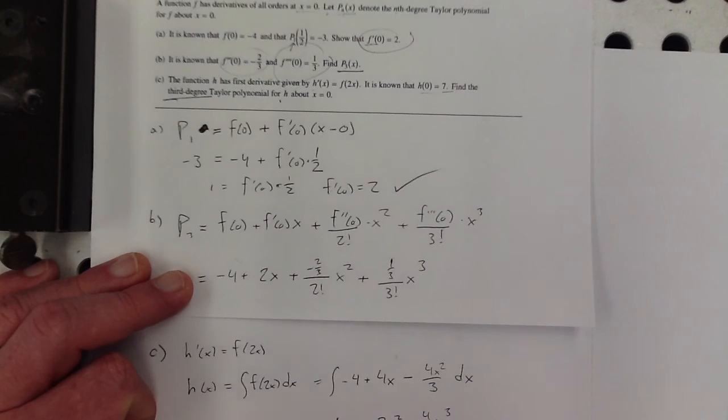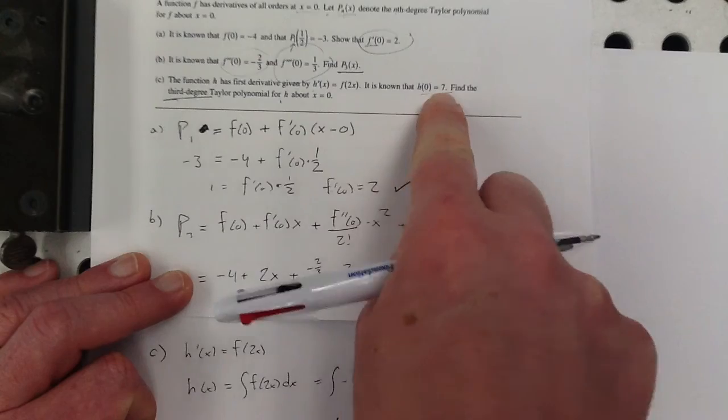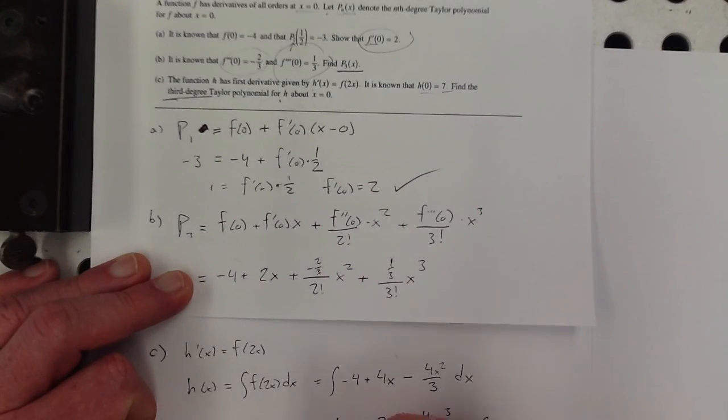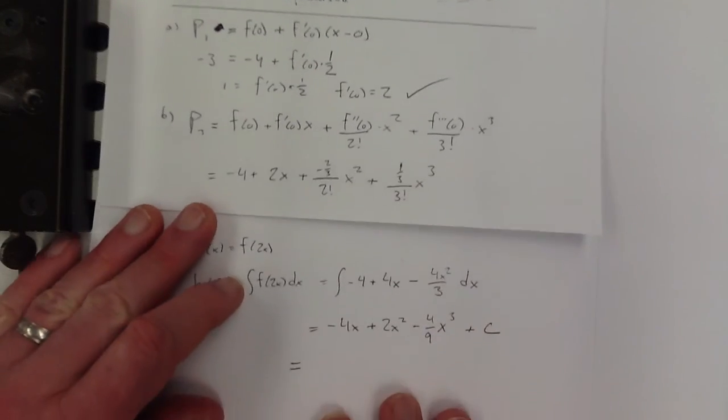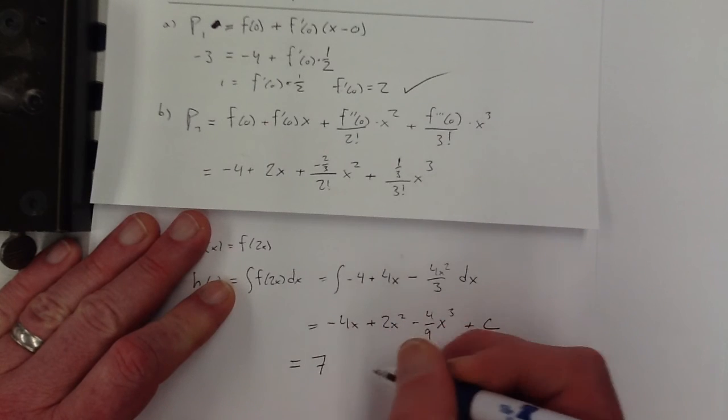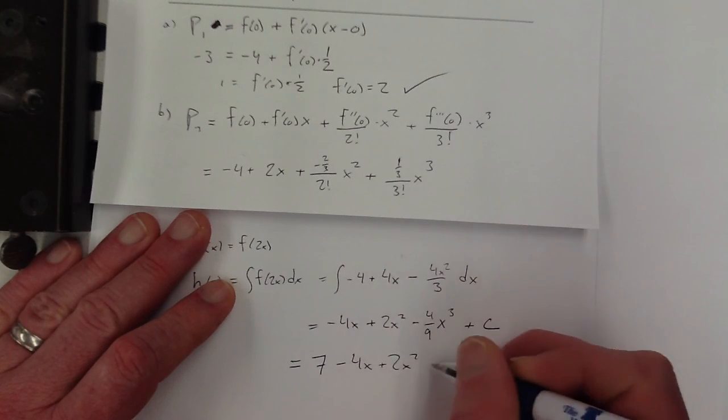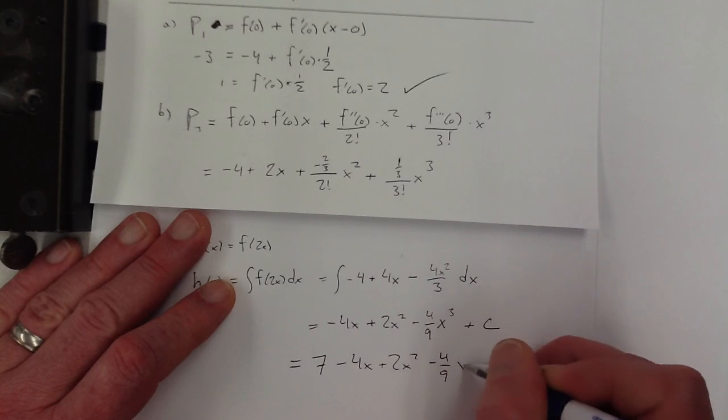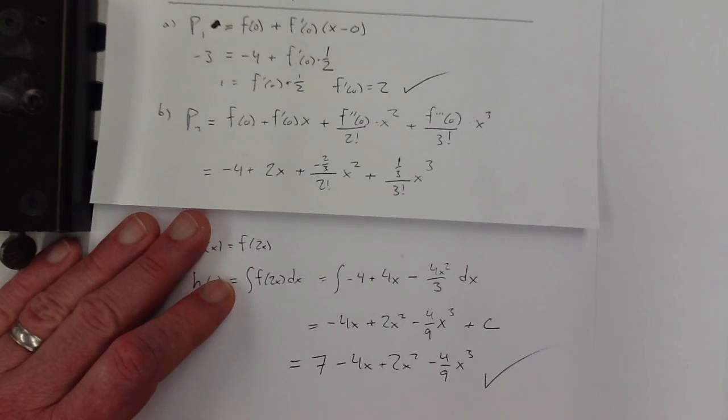Yeah, that looks good. And then plus c. But I know that when I plug in 0, I get 7. So that just gives me that constant term. So 7 minus 4x plus 2x squared minus 4/9 x cubed. Boom.